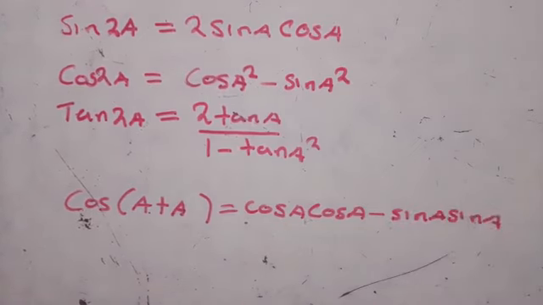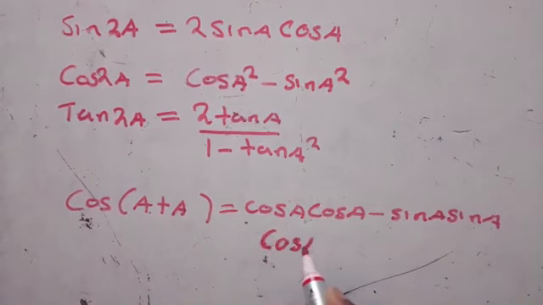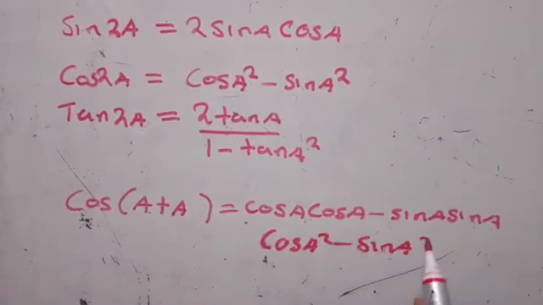Cos a multiplied by cos a is cos a squared, and sine a multiplied by sine a is sine a squared. So here we're going to have cos a squared minus sine a squared. This is how they came up with that.